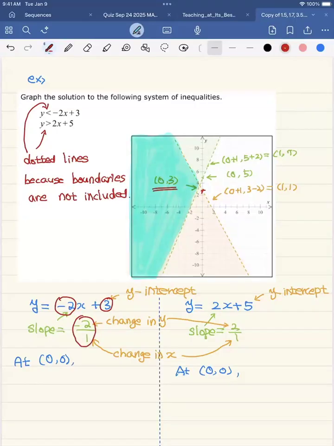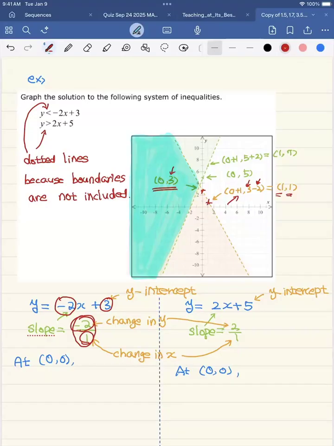So another point on the straight line will be 0 plus 1 change in x in the denominator, and the y-coordinate was 3, and the change in y is minus 2. So that is (1, 1). I mark it (1, 1), and we join these two points with a dotted line.